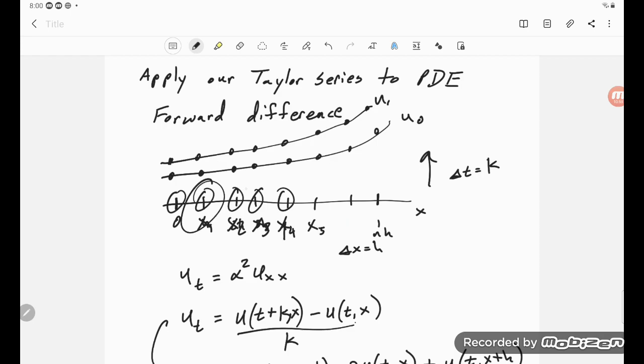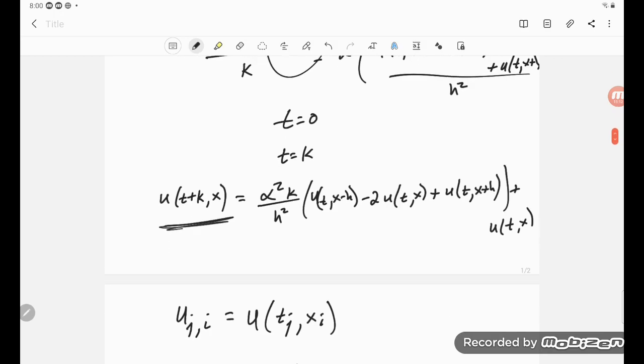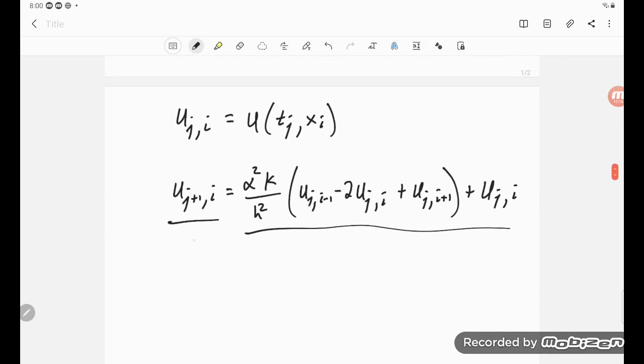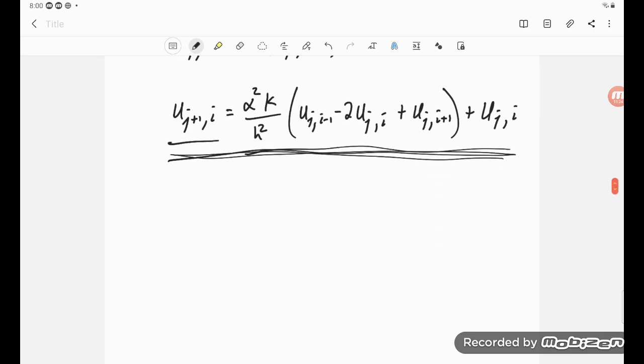So if I do this now, at the endpoints, I don't really need to because I've got boundary conditions. But if I do this at each of these points, make one of these equations, I get a big system of equations that are all very similar and quite easy to solve.